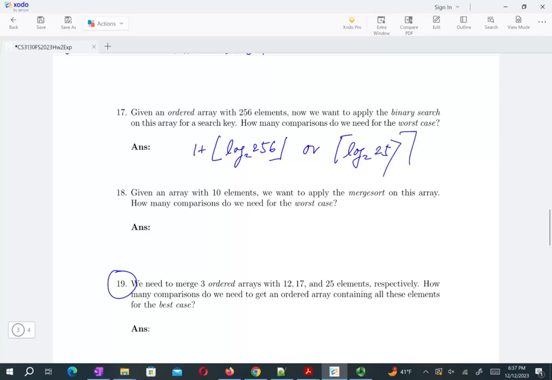Both formulas give us the answer 9. Many students gave me 8. So you need to pay attention to the little details in these 2 formulas. After we learn binary search, you need to know this kind of details.